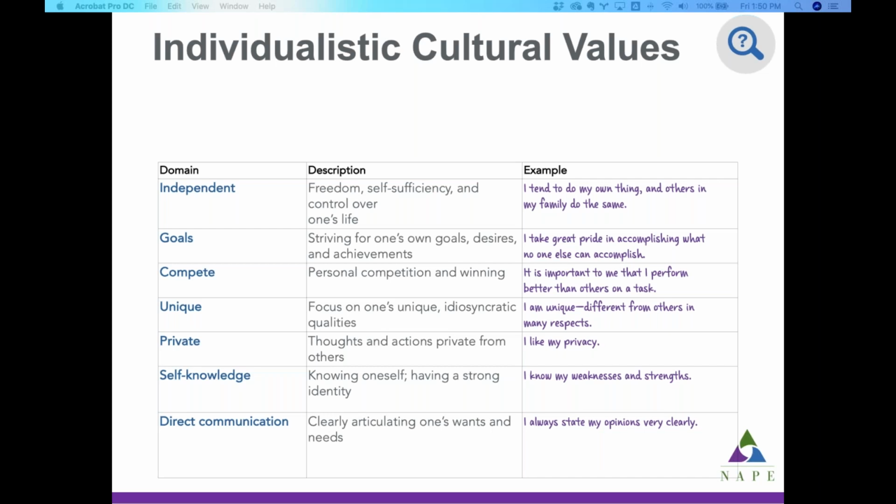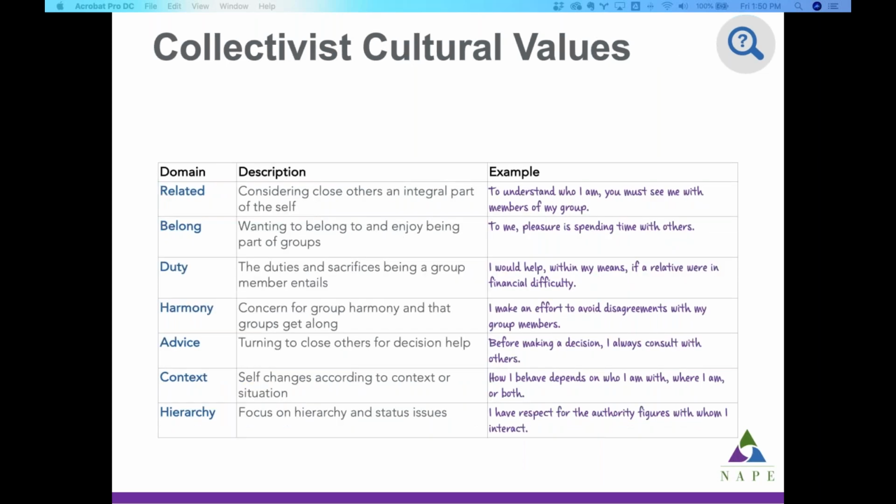How you grade, and how you set up your pedagogical instruction, will be aligned to your value set. So we want to begin to think about what values and ways of knowing and doing you're offering in your classroom, and how you're serving your students. It's not right or wrong. It's just recognizing that there are different ways of knowing and doing. If the only way that I teach is aligned to individualistic cultural values, I'm sending a subtle signal to everyone who has collectivist values that their ways of knowing and doing aren't welcome, valued, or related to anything we're trying to cover.